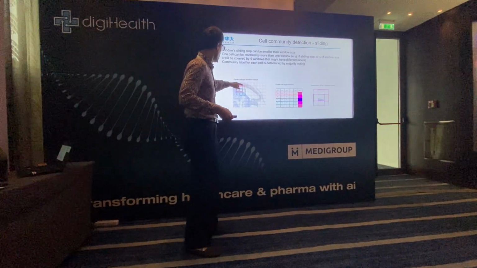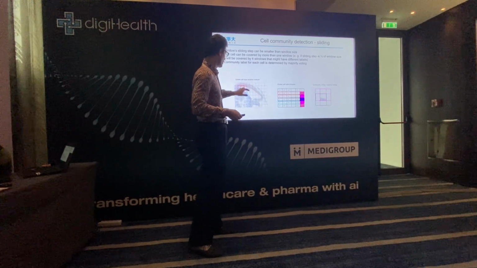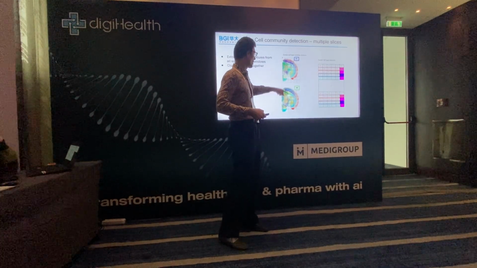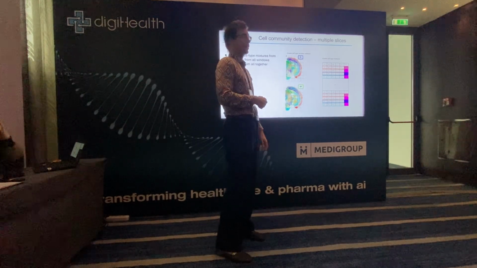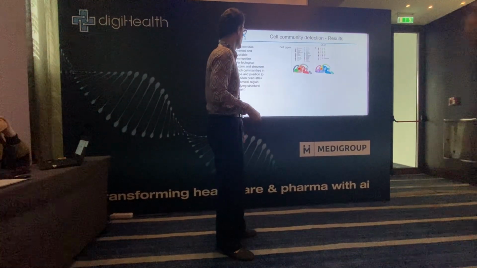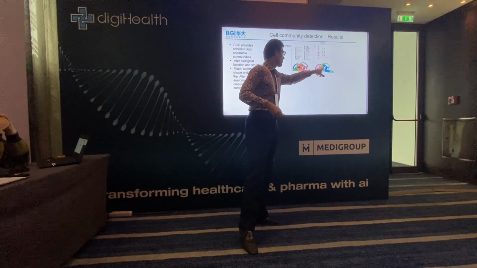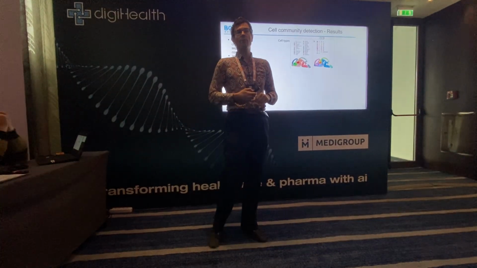We can also do it with different sliding steps in this window and perform clustering on it. We can do it across different slices, so we can process many different samples together. We can do it with different window sizes, and as a result, we have obtained these communities which might represent some functional regions.